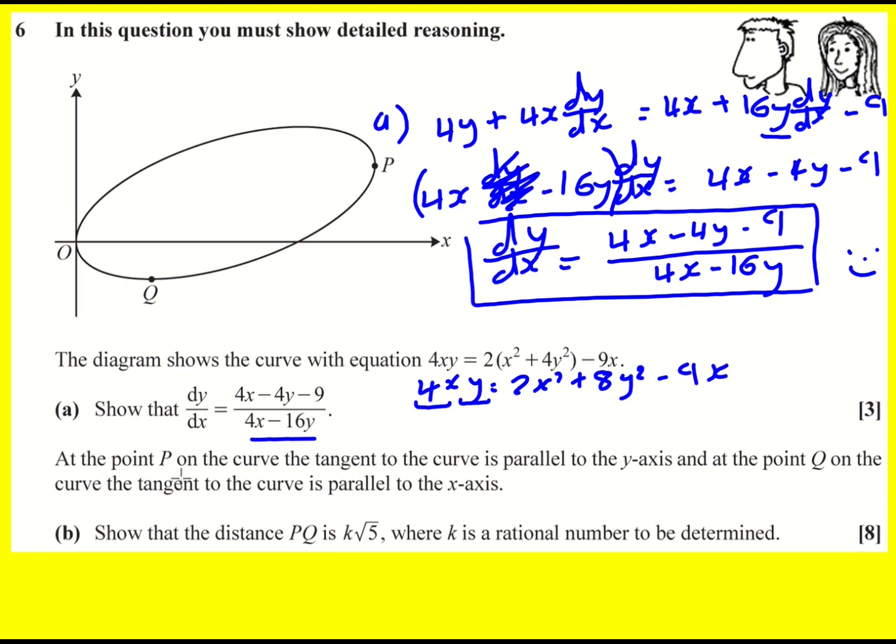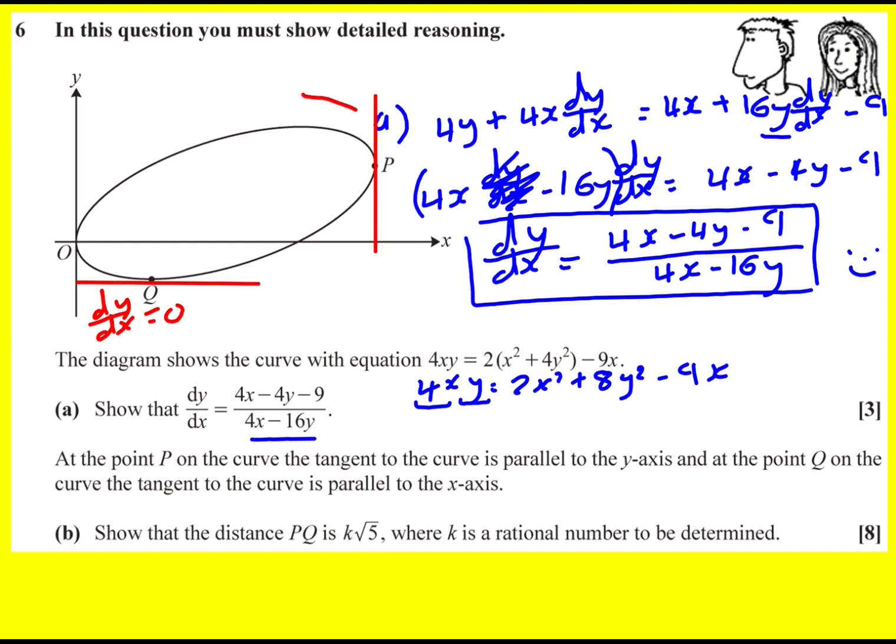Now, we're told at the point P on the curve, the tangent to the curve is parallel to the y-axis. So if we drew the tangent, it would be this vertical line. And at Q, it's parallel to the x-axis, so it would be horizontal. Now that means, for Q, that at this point, dy by dx must equal 0.